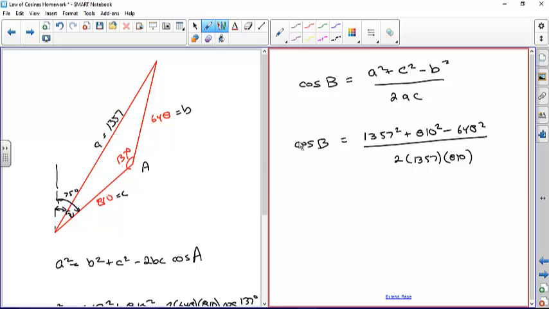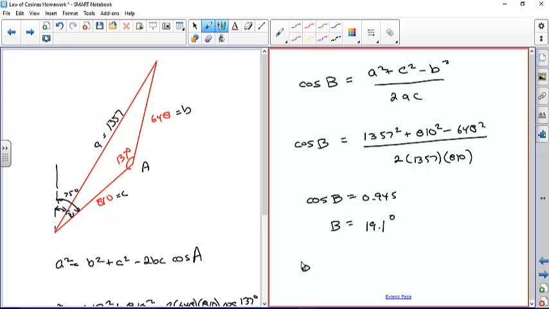So let's do that. 1,357 squared plus 810 squared minus 648 squared, and divide that by 2 times 1,357 times 810, and I get the cosine of B is 0.945, or B, using the inverse cosine, is 19.1 degrees.